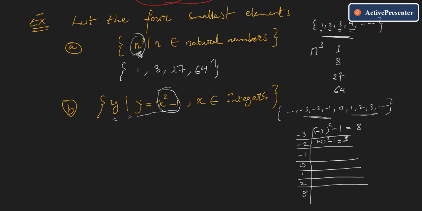Here it would be 0 squared minus 1, which is minus 1. For 1 it would be 0. For 2 it would be 3. For 3, the answer will be, of course, 8.